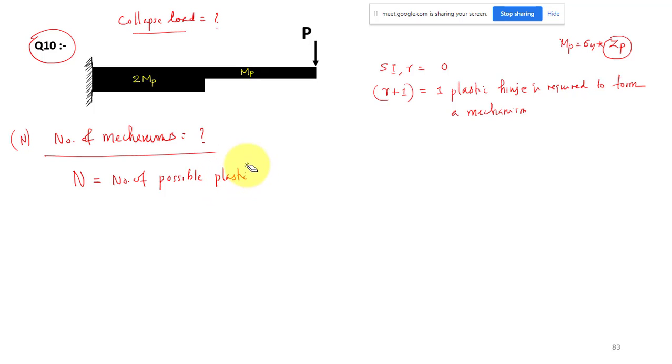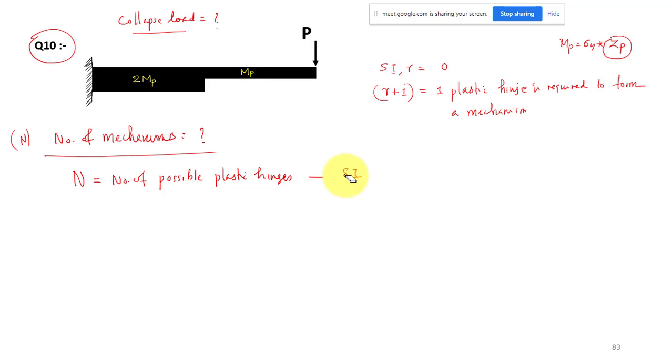All these are important; they will be asked in many examinations. Even a frame can be given, and the question can be how many mechanisms are possible. So the number of possible plastic hinges we have to check, minus your degree of indeterminacy. If I take the degree of indeterminacy as R, then this is your equation: number of mechanisms equals number of possible plastic hinges minus the degree of static indeterminacy.